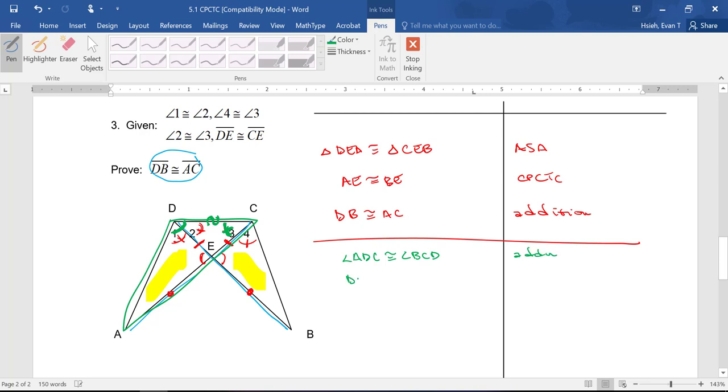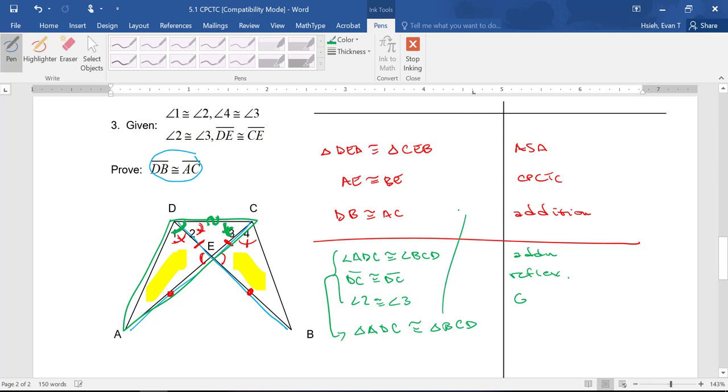I know that DC is congruent to itself because of reflexive, and I know that angle 2 is congruent to angle 3 because it was given. So because of this, I can say that the triangles are congruent. So triangle ADC is congruent to triangle BCD.